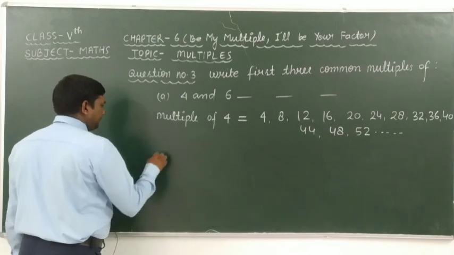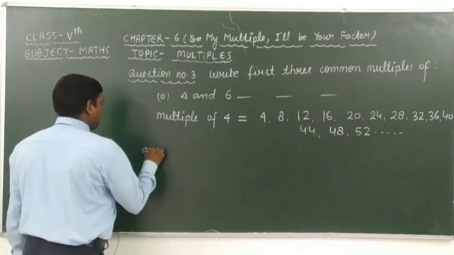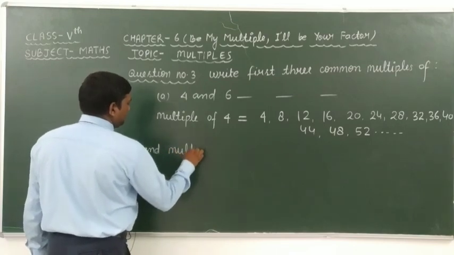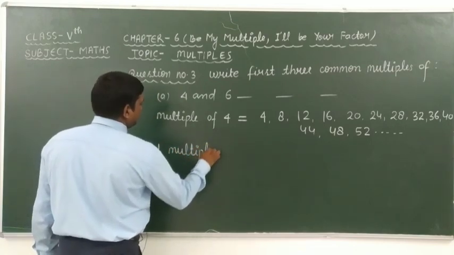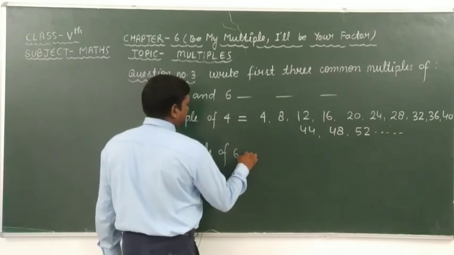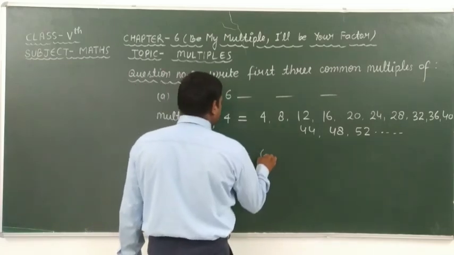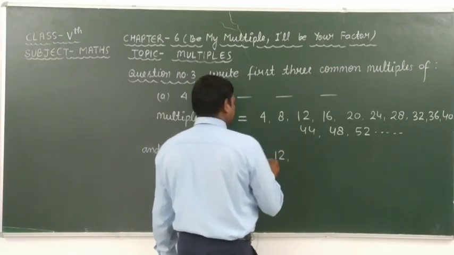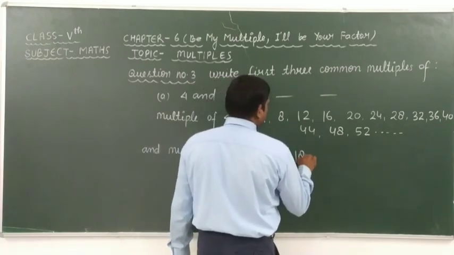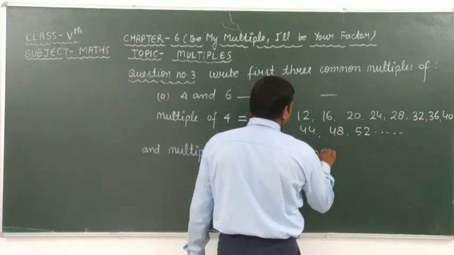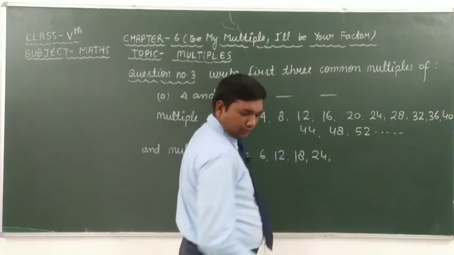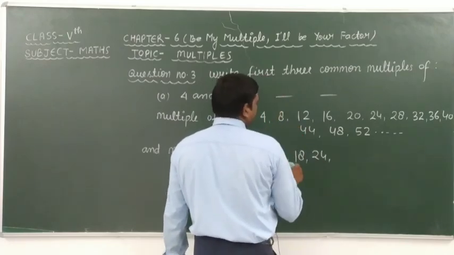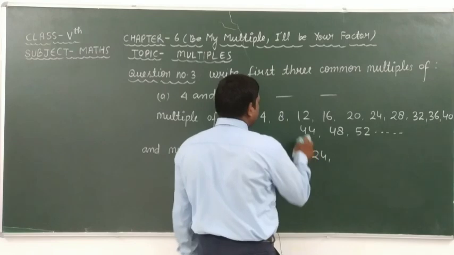Okay, and multiples of 6 are: 6 1 is 6, 6 2 is 12, 6 3 is 18, 24. Okay, dear students, here we can write only 10 times.